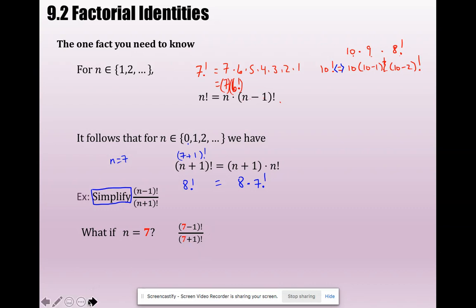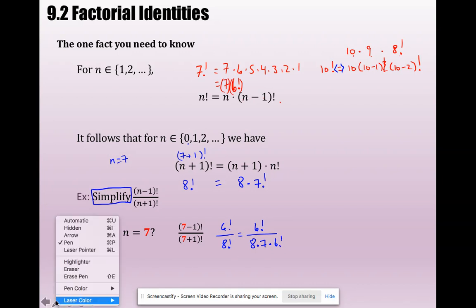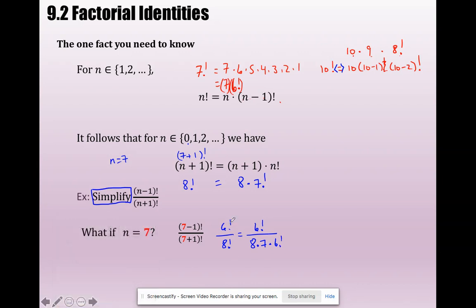And what would that be? 7 minus 1 factorial is 6 factorial over 7 plus 1 factorial, which is 8 factorial. But that's 6 factorial over 8 times 7 times 6 factorial. What happens to 6 factorial divided by 6 factorial? Bye. And I have 1 over 56.